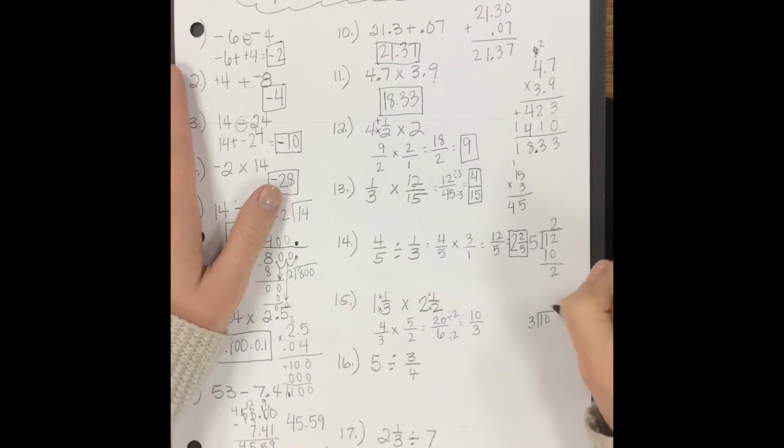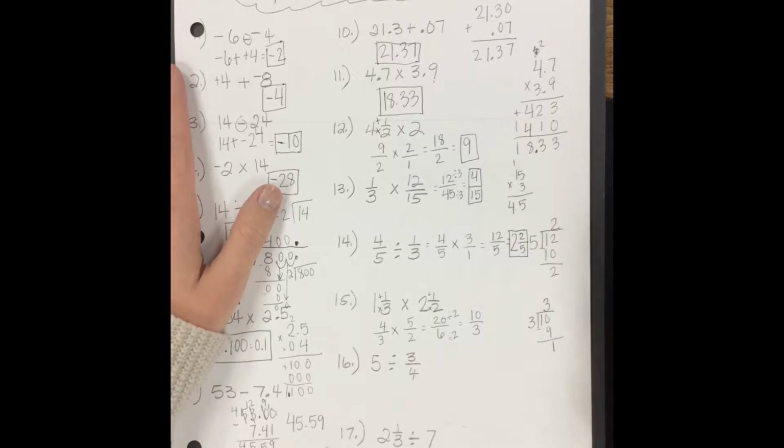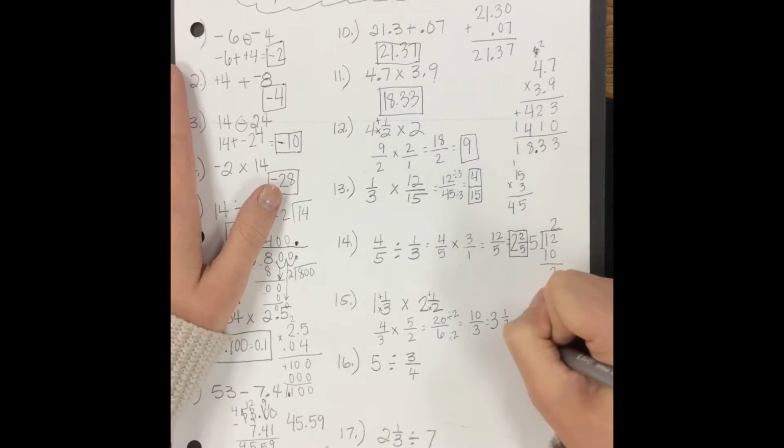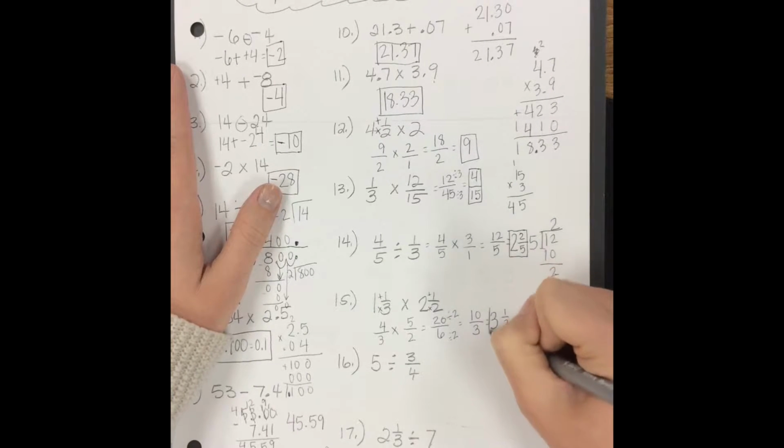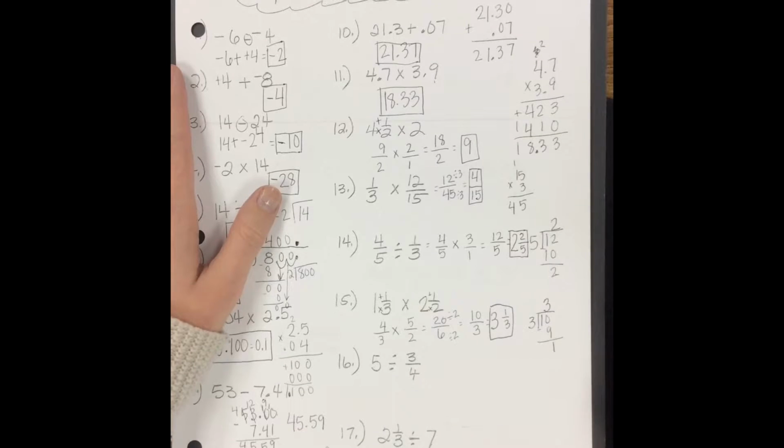Okay, 3 goes into 10 3 whole times, and that gives us 9. All right, and remember, we do not want to go on and add a decimal and a 0, because we want 3 wholes and the leftover fraction. So 3 wholes and 1/3. This is your numerator in your fraction, and this is your denominator. So 3 and 1/3. Okay?